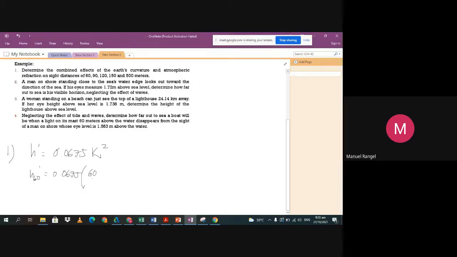So that is in meters. So we need to convert that into kilometers. So the value is 0.00243 meters.